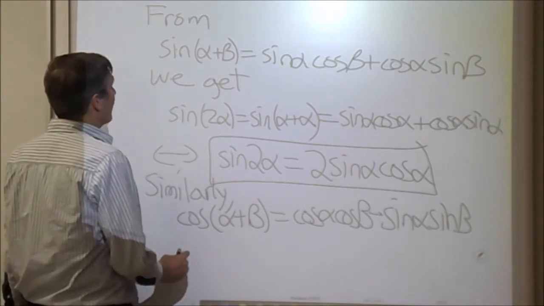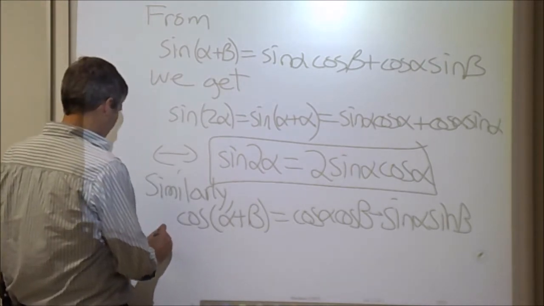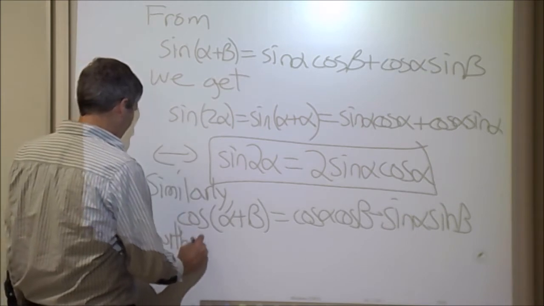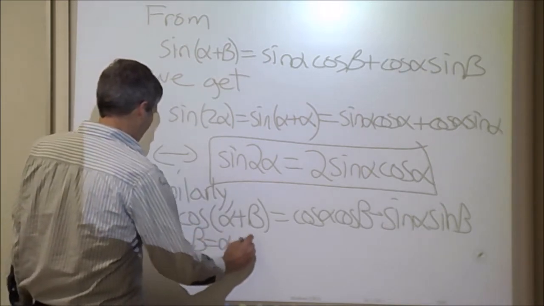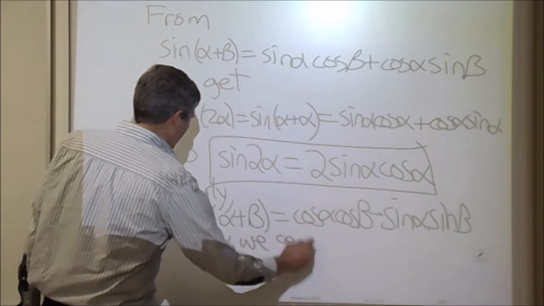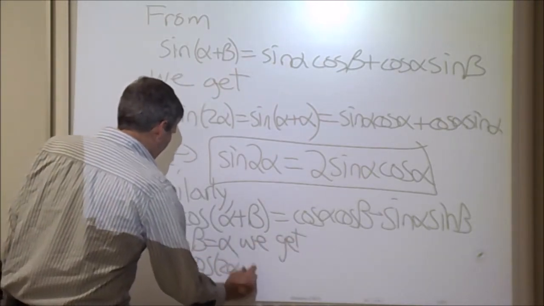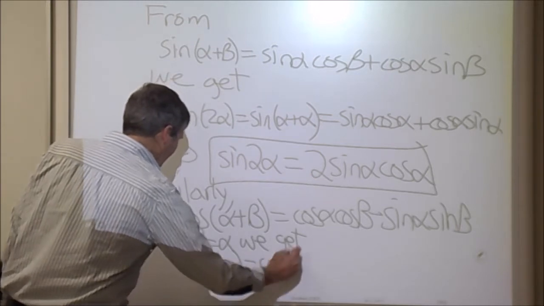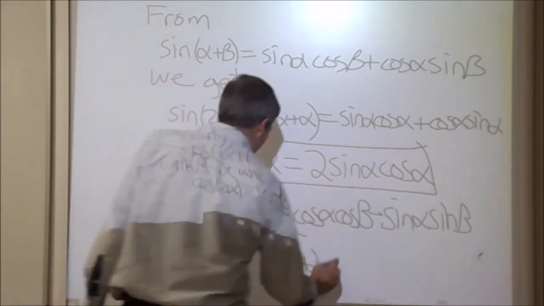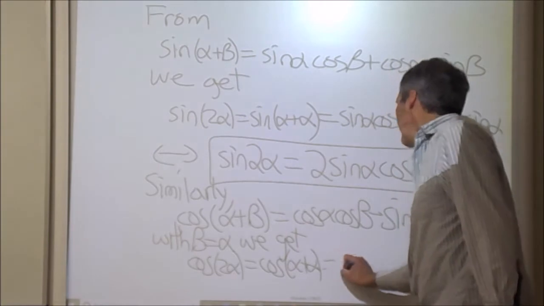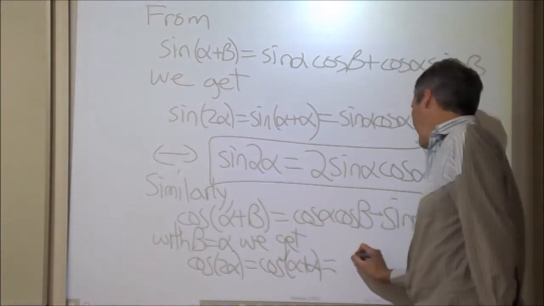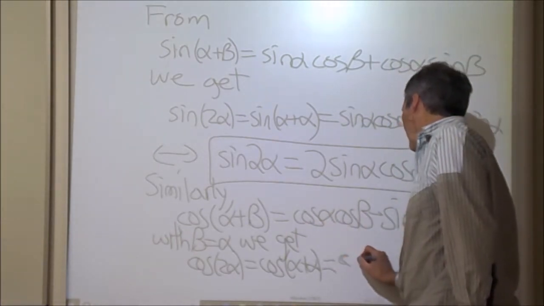If we put beta equals alpha in this one, we get that the cosine of 2 alpha, being cosine of alpha plus alpha, is cosine cosine minus sine sine, each angle equal to alpha.